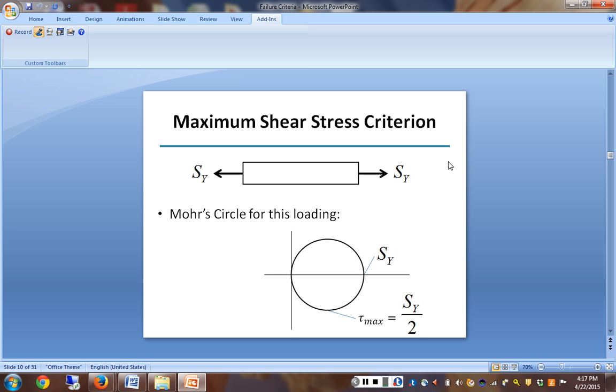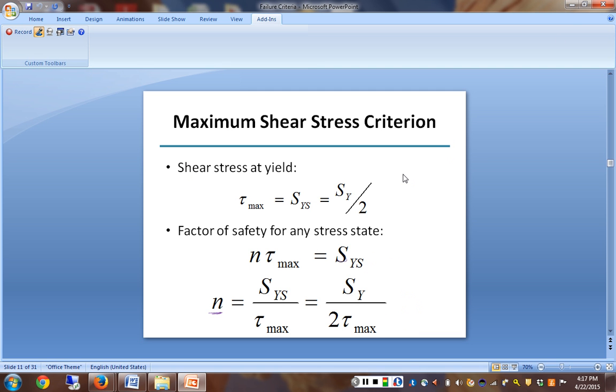Well, what's tau max? It's half of that tensile yield strength, just by doing the Moore's circle problem. So that's tau max. So the shear stress that I expect at yield, my maximum shear stress, is the yield shear value, which is half of the tensile yield value.